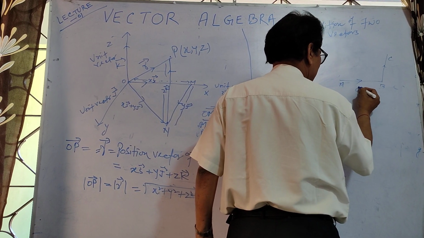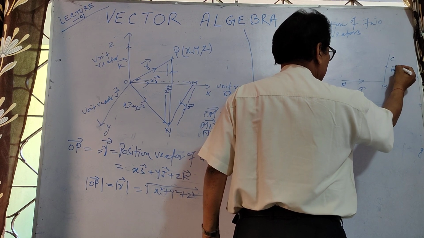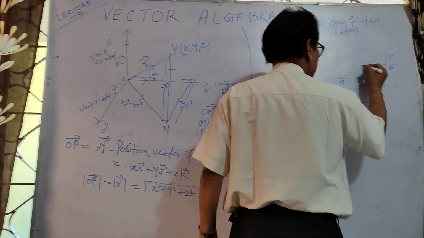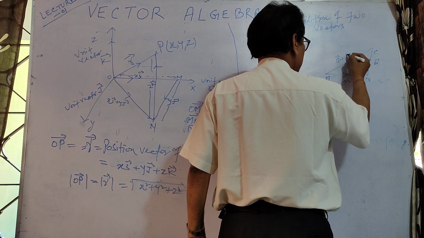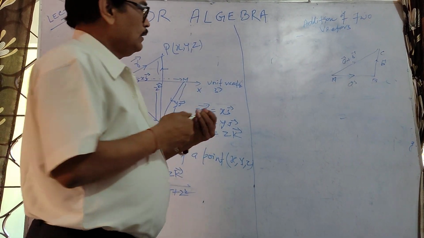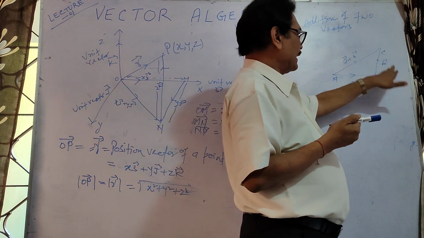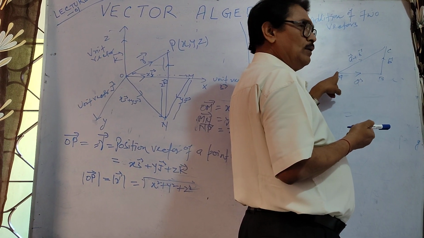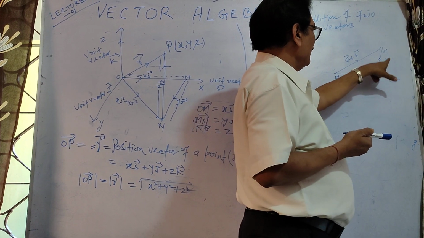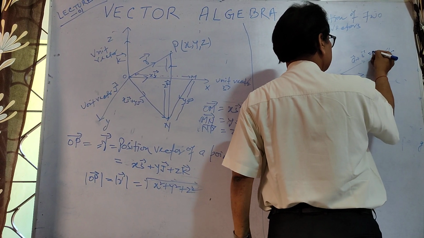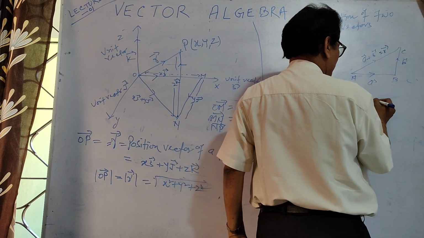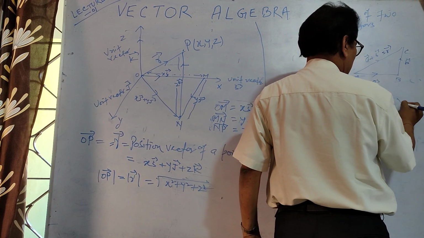If this one is vector A and this one is vector B, then the addition of two vectors is A plus B. So addition of any two vectors can be represented from initial point to end point. A plus B is equal to this one, that is R. Vector A plus vector B is equal to R.